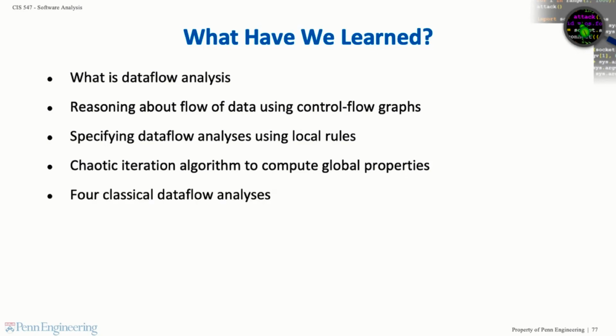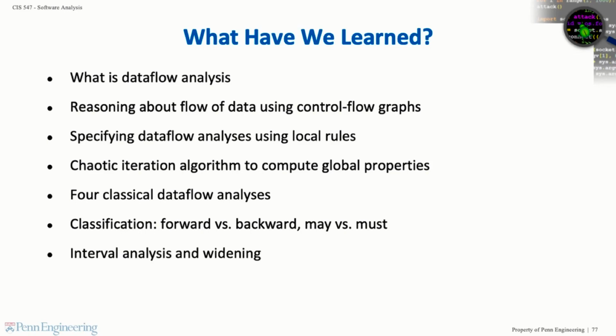We defined and saw examples of the four different classical data flow analyses: reaching definitions analysis, very busy expressions analysis, available expressions analysis, and live variables analysis. We compared and contrasted these analyses along two important dimensions: forward versus backward and may versus must.